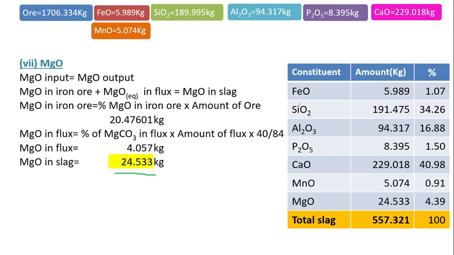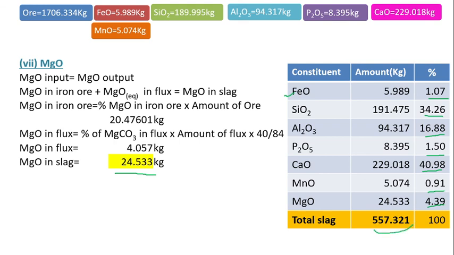It gives that FeO content is about 1%, SiO2 34%, Al2O3 16 or 17%, P2O5 1.5%, and CaO about 41%, MnO about 1%, and MgO about 4.4%.